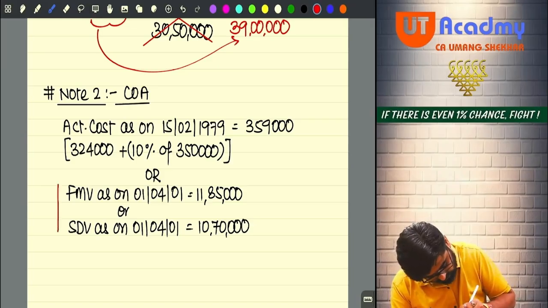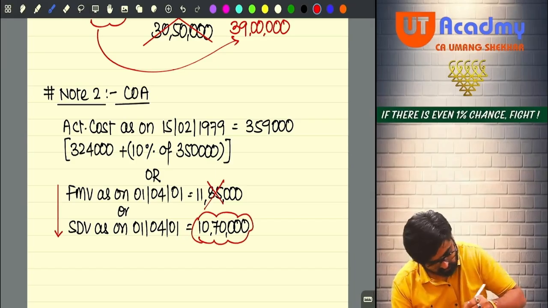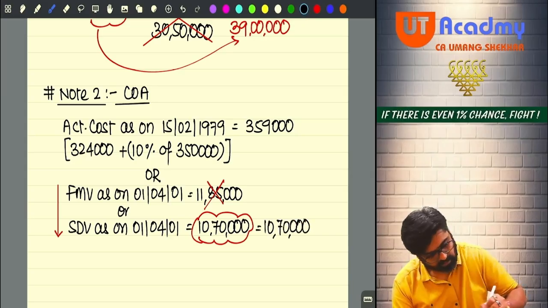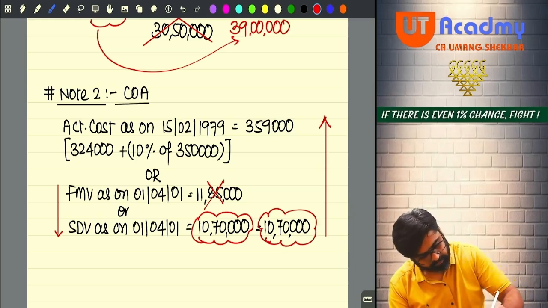This or this, whichever is lower. So I will ignore this and take this, which is equal to 10 lakh 70,000. Now 3,59,000 or 10,70,000, whichever is higher, 10 lakh 70,000.